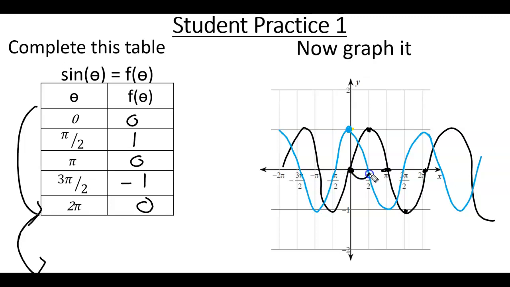But other than that, they have the same exact pattern. For every 90 degrees, or pi over 2 radians, they go down 1, and then down 1 again. And then after that, they go back up 1, up 1. They just keep having that same pattern of rises and falls. So sine and cosine look very similar.